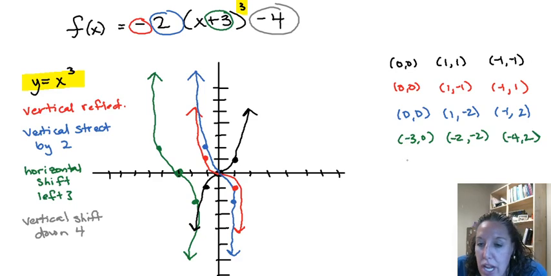This is a vertical change, so only our y values are going to change. We're going to go down 4 on each of those. So the point that originally started at the origin is now at (-3, 0), and going down 4 gives (-3, -4).